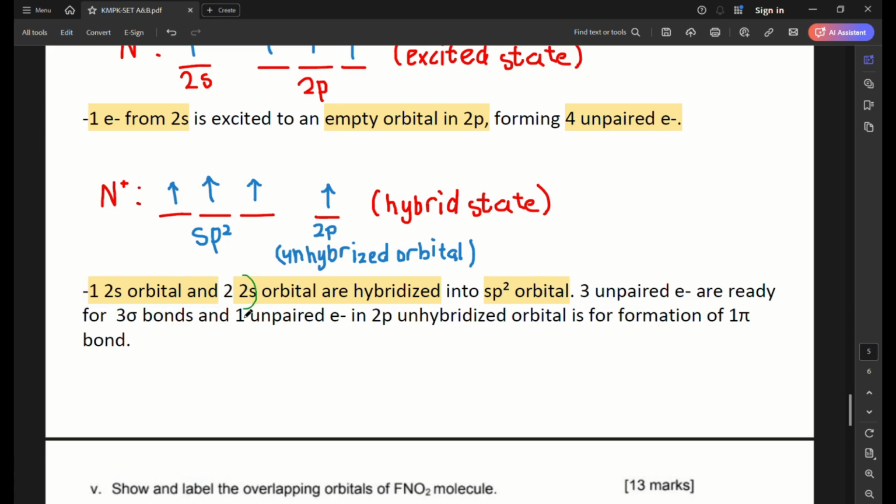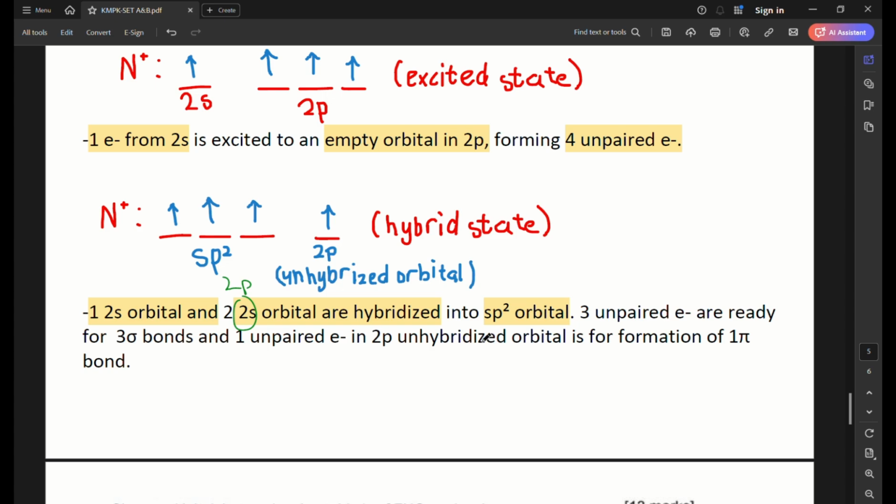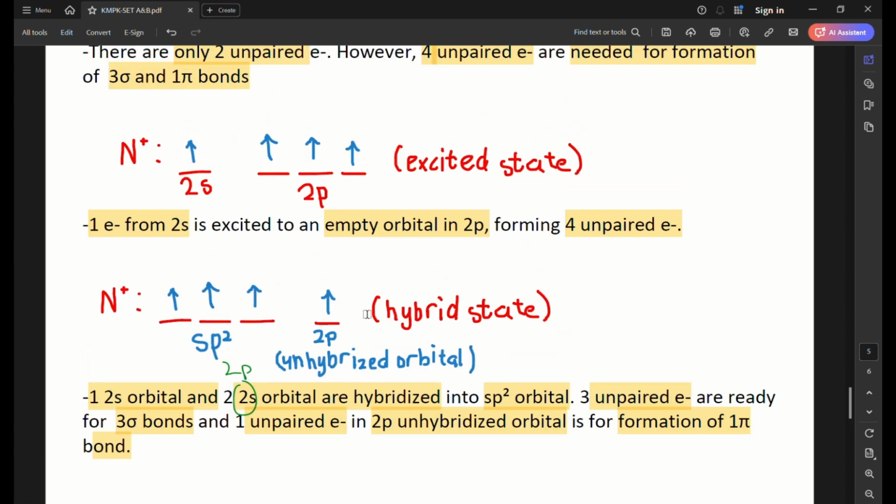I'm sorry, this is 2p. So 3 unpaired electrons are ready for 3 sigma bonds, and 1 unpaired electron in the unhybridized orbital is for formation of 1 pi bond. That is how you describe it.